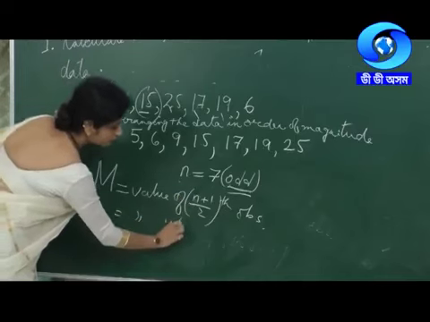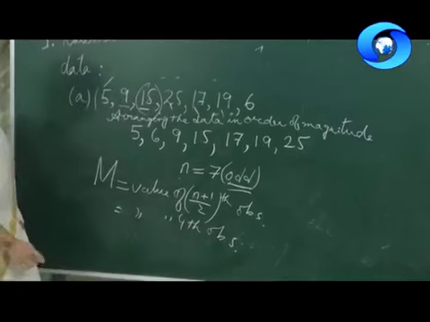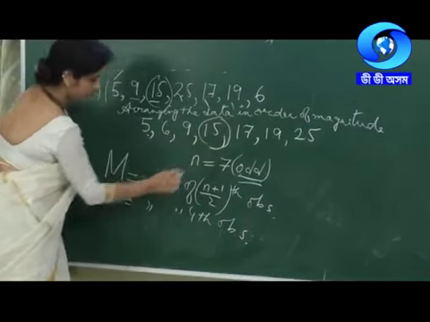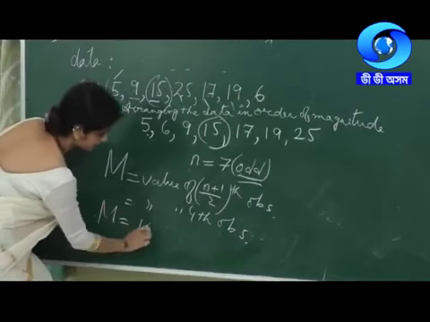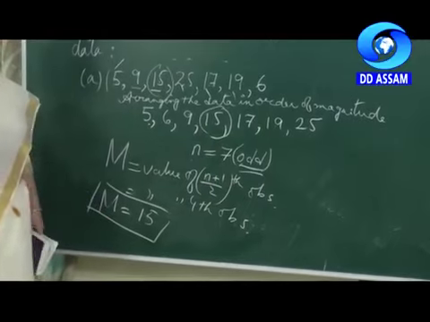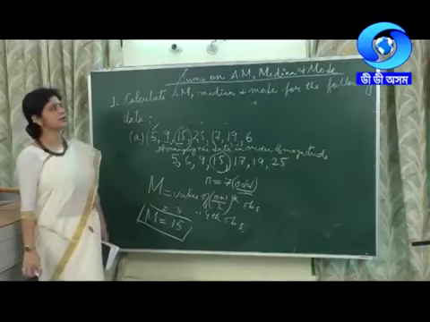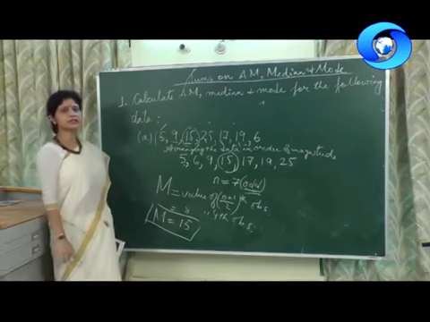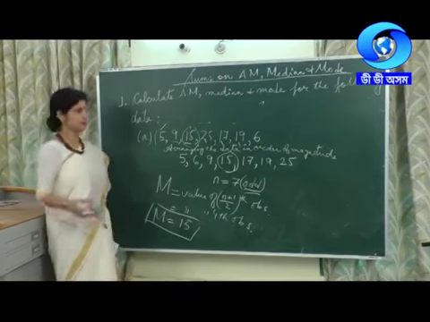So the value of the fourth observation. So what is our fourth observation? 1, 2, 3, 4. The value of the fourth observation is 15. So median will be 15. This is how you calculate arithmetic mean, median and mode for a discrete non-frequency distribution.